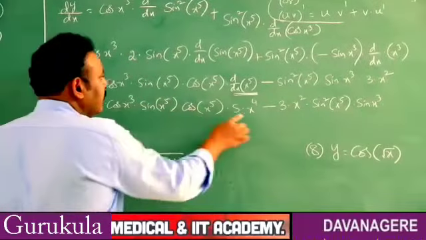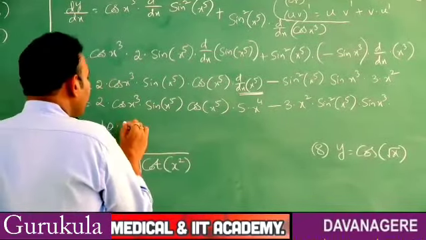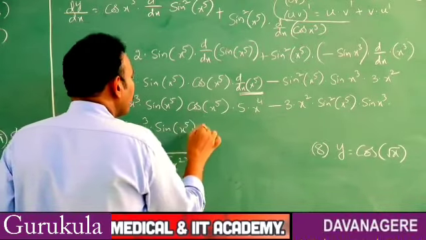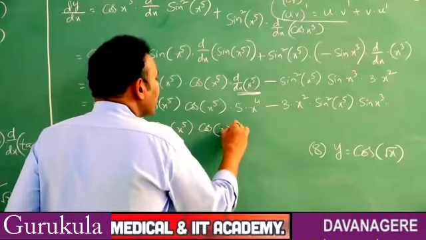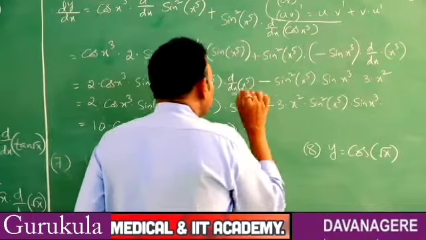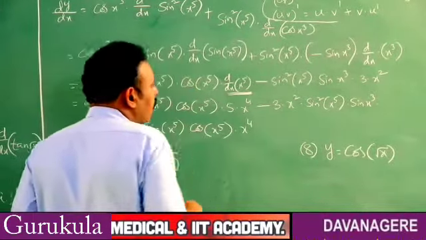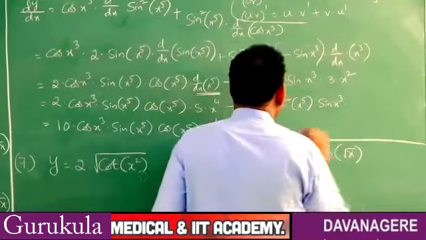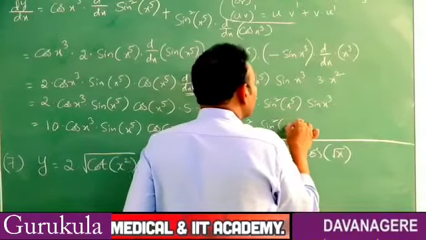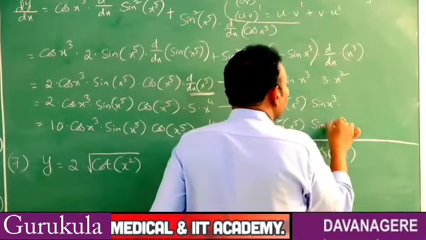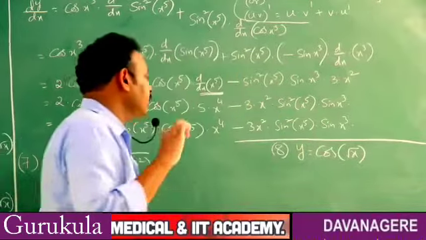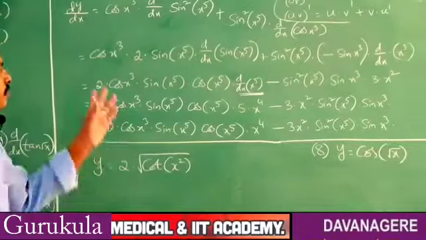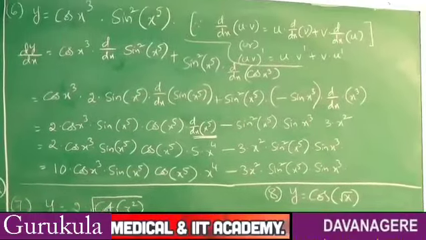Now here 5 into 2 is 10 cos x cube sine x to the power of 5 cos x to the power of 5 into x to the power of 4 minus 3x square into sine square x to the power of 5 sine x cube. That is the simplified form of that UV formula, chain rule.